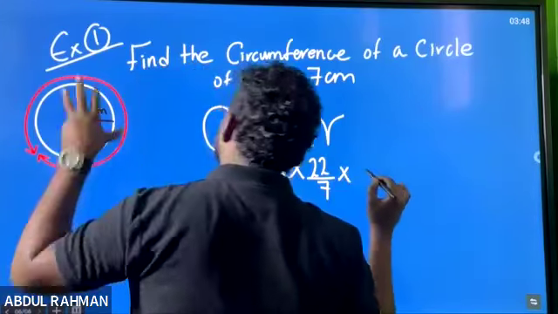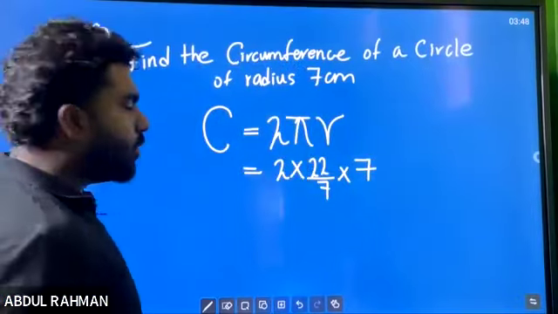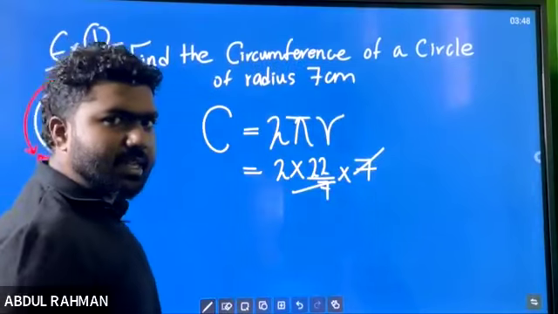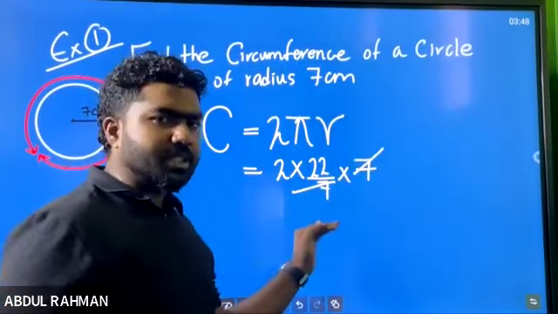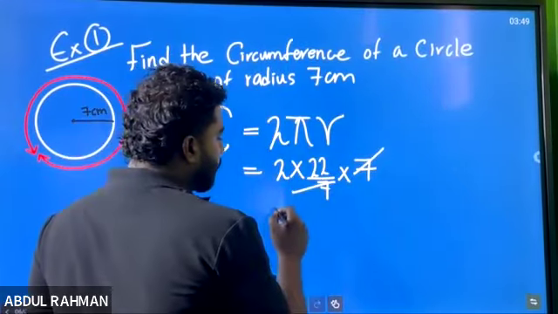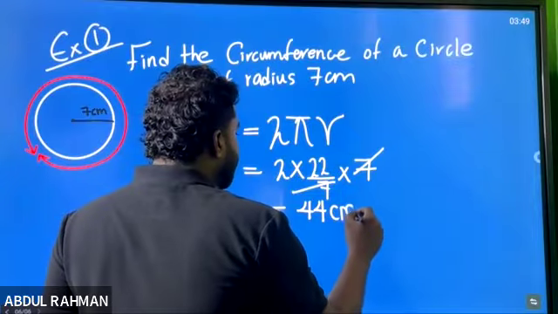What is the radius of the circle? That is 7 here. Now 7 and 7 get cancelled. Now simplification, nothing else. 2 into 22, what is the answer? 44 centimeter is my answer.